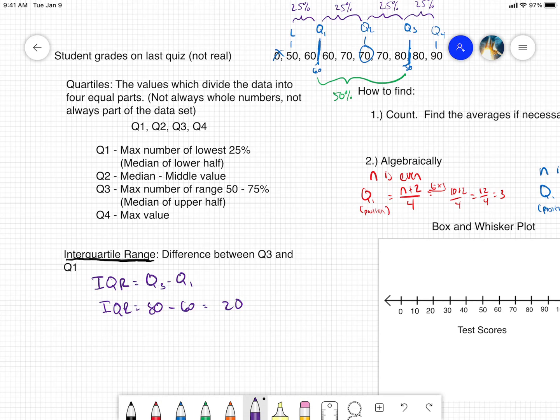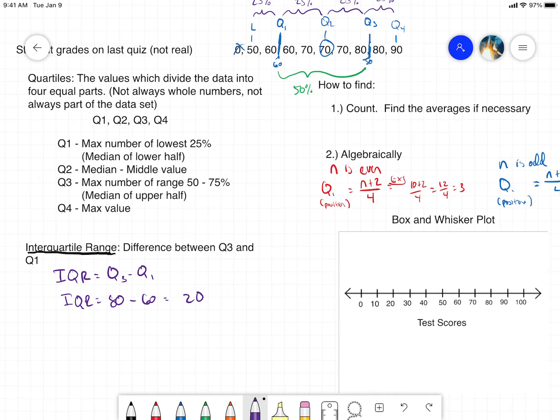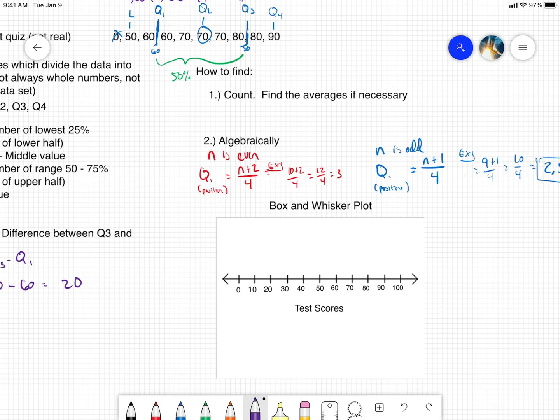Another way to visualize this, and another way that you're going to be able to visualize the difference between an outlier or not, is creating what we call a box and whisker plot. Okay? So, how to do a box and whisker plot for each set of data.